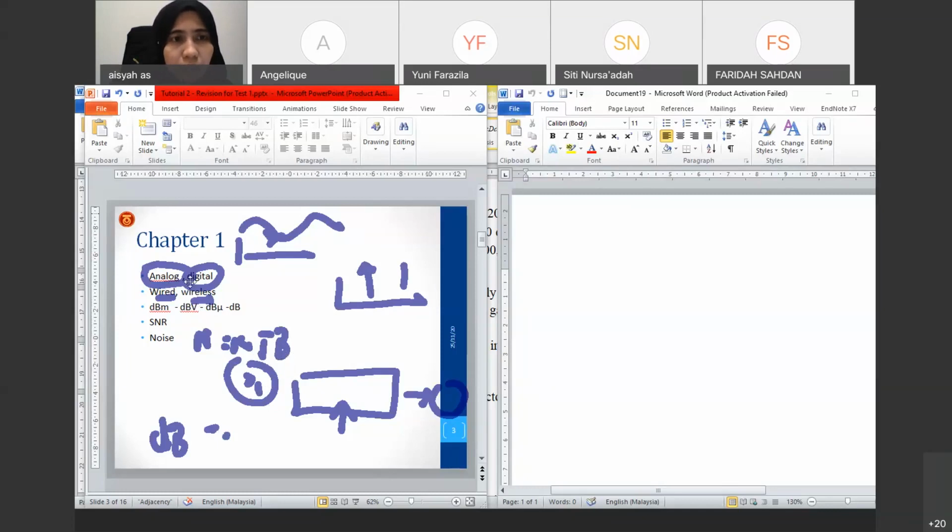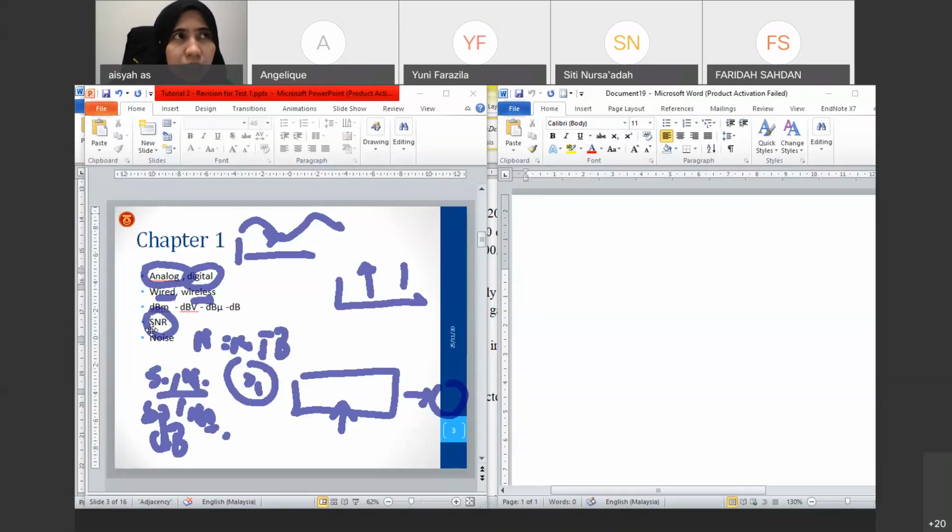And then for chapter 1, we also have the SNR. SNR is SI over NI over SO over NO, signal over noise at the input and output. So there is the formula of SNR.